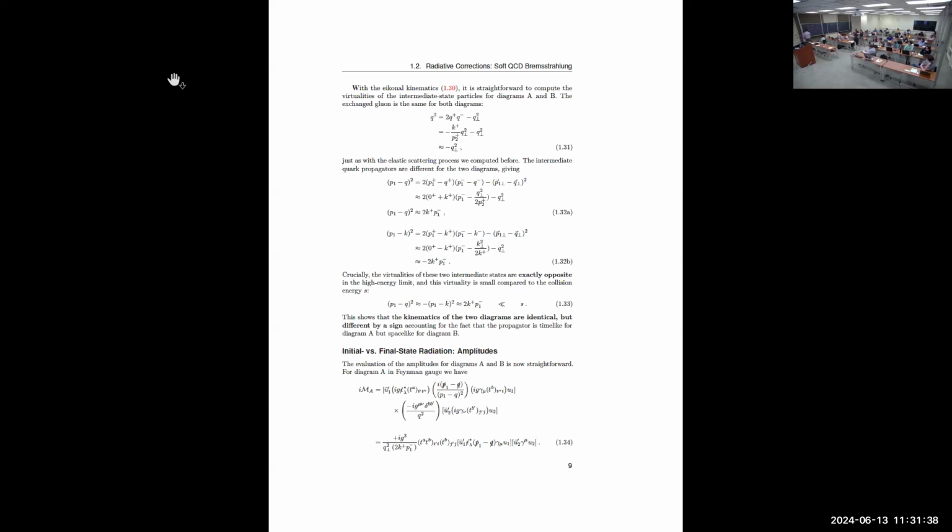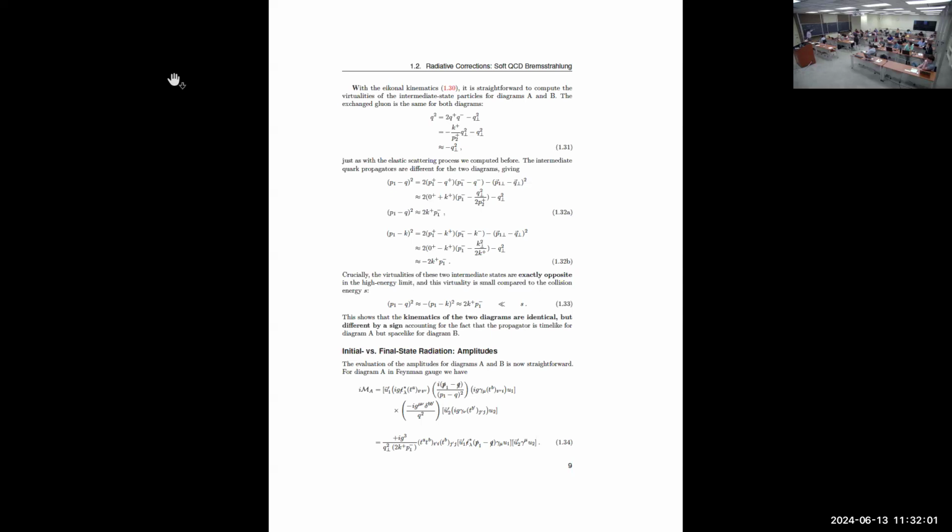So if I plug this in, let's say this denominator here is 2p1 minus k plus. This one is negative 2 p1 minus k plus. With that, the kinematics of these diagrams are identical.